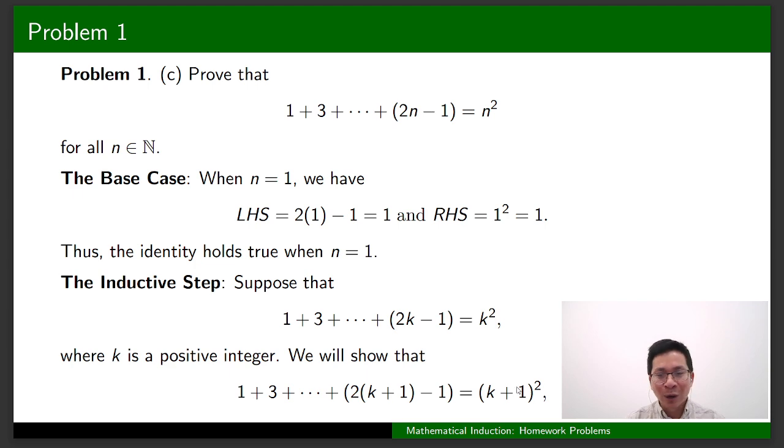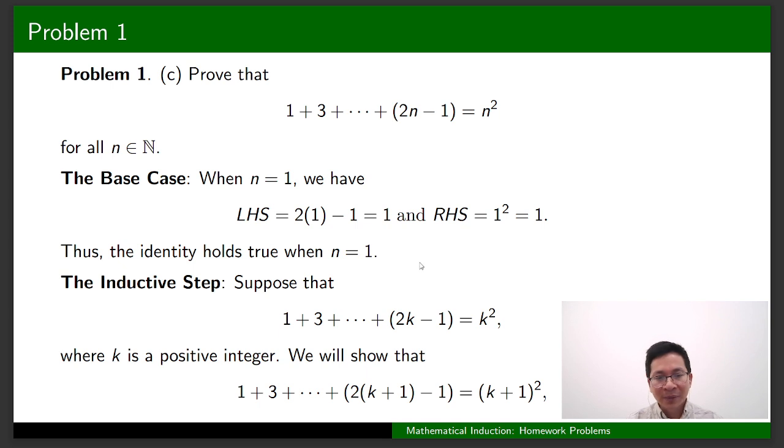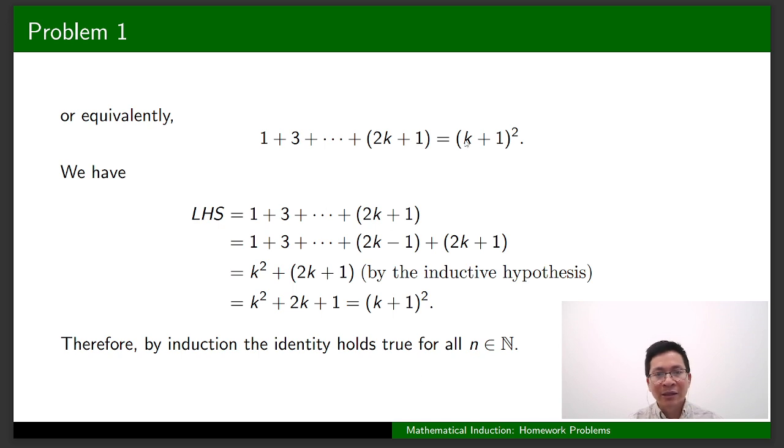And this is what we want to prove. Okay, so our strategy is to use the inductive hypothesis to prove that this is true. The last identity can be written this way because I mentioned before that this is nothing but 2 times k plus 1. Okay, so we want to show that this is true.